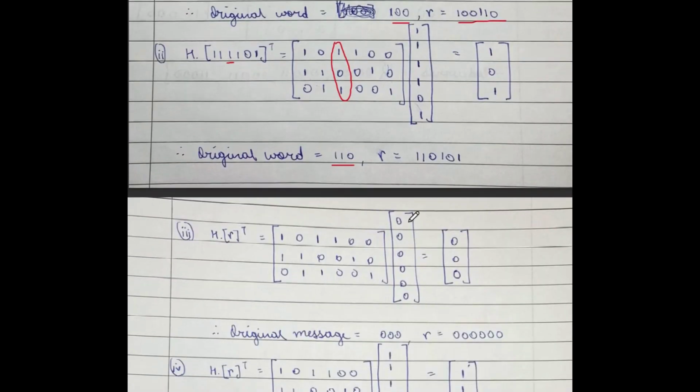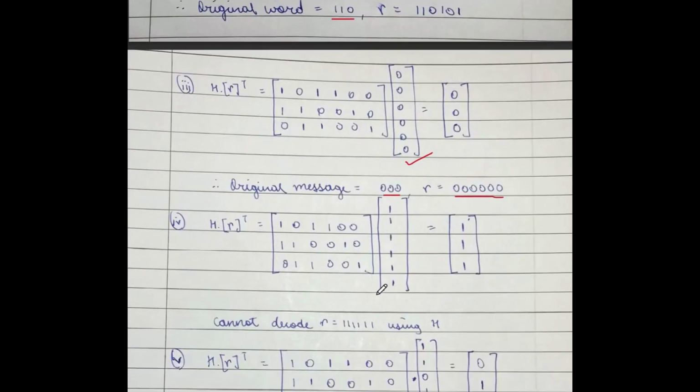If we take the third case in which the encoded word is 6 zeros, after multiplying, obviously the answer will be 3 zeros. If the answer is 3 zeros, that means the original message is 3 zeros, and the encoded word is also 6 zeros. That means the encoded word is correct, and the original message is 3 zeros.